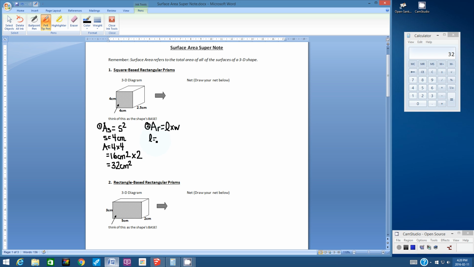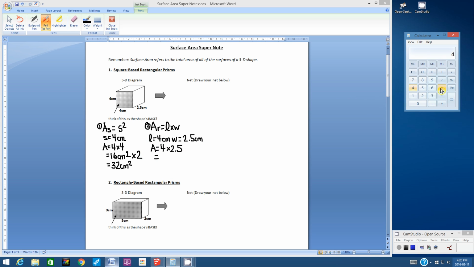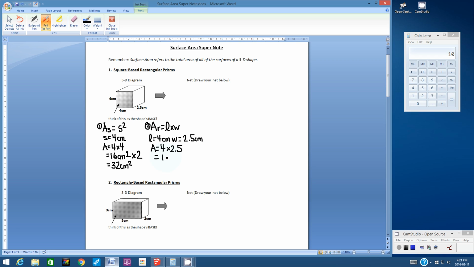Length, the longer side, is 4 centimeters. Width, the shorter side, is 2.5 centimeters. Let's substitute this into our formula: 4 times 2.5. So please use your calculator to calculate this. And I get a total of 10 centimeters squared.